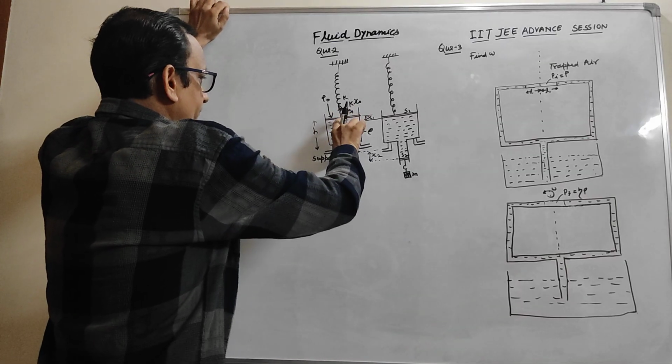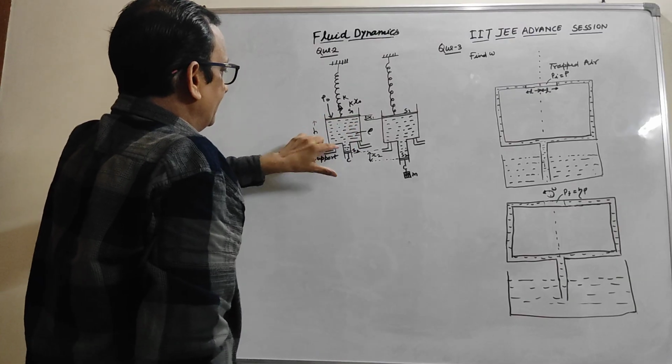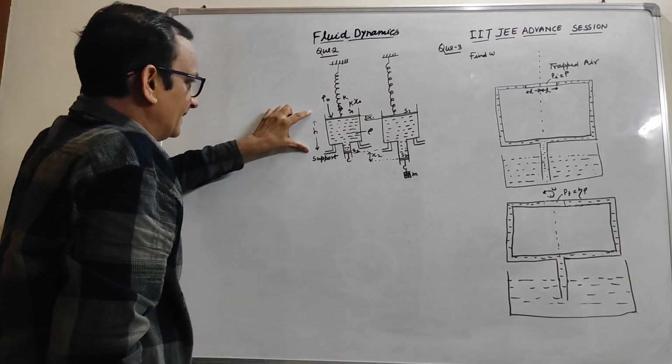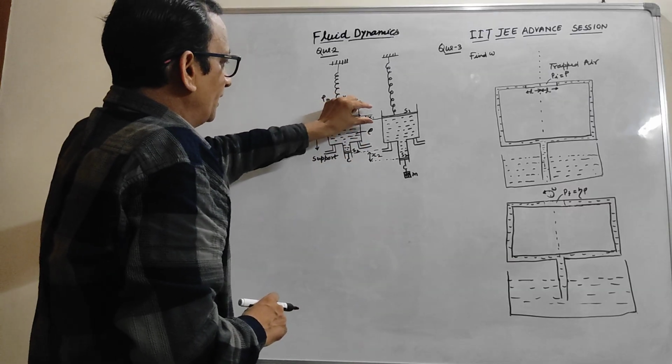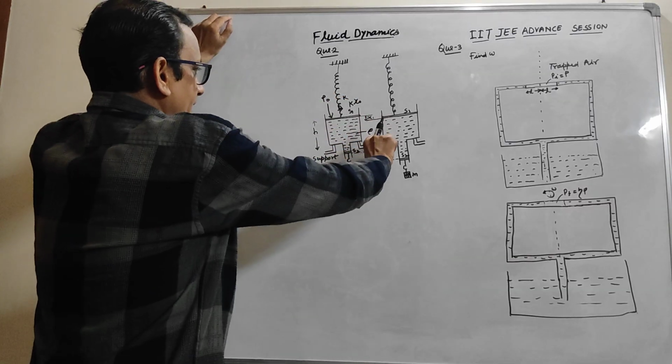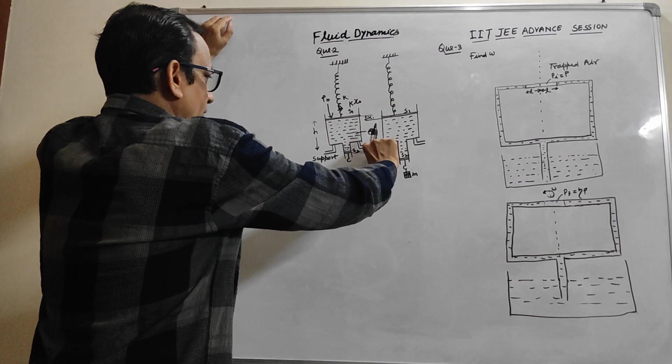The height between the pistons at the initial condition is h. This volume would be equal to this volume.